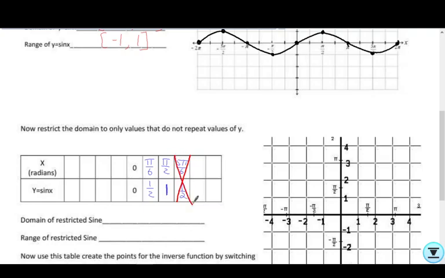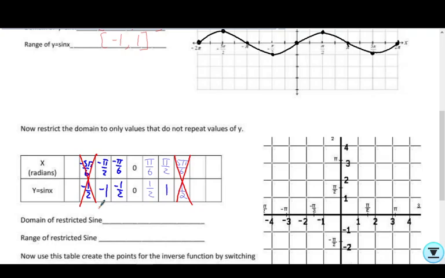And we're going to do the same thing going the other way. So negative pi over 6, negative 1/2, negative pi over 2, negative 1, negative 5 pi over 6, negative 1/2. And see how that one repeats. So we're stopping right there. Basically what we've done is we've restricted our domain based on our y values so that nothing repeats.